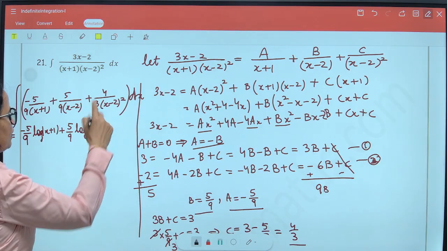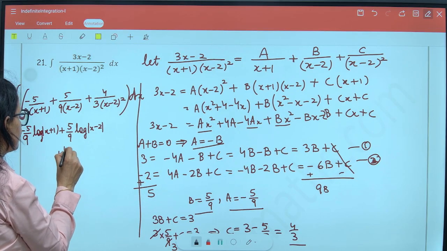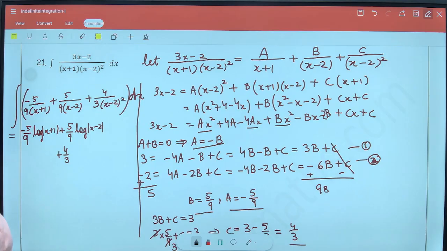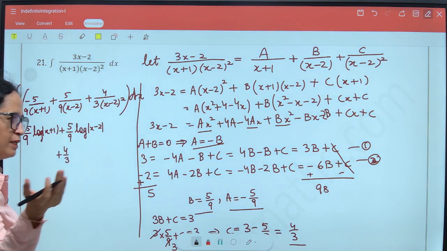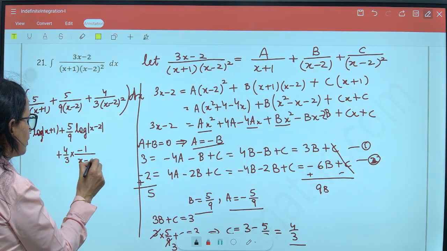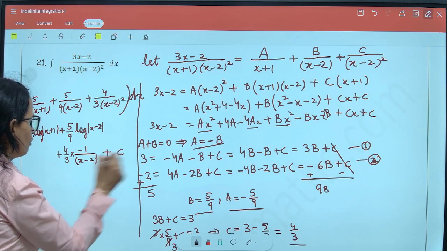Now the denominator is not a linear expression in x, so you will not use log here. So it is going to be plus 4 by 3 times what? X minus 2 to the power minus 2. Minus 2 plus 1 becomes minus 1. So that means it is minus 1 upon x minus 2 to the power of only 1 plus constant of integration.